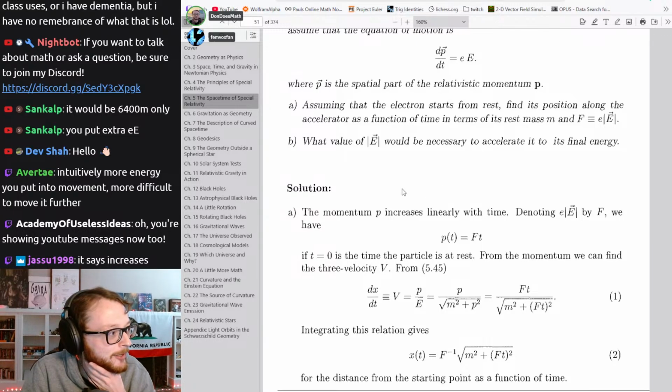I figured out a way that's easy enough for me. Oh, that's why they did the F thing, just to make it a bit cleaner with the constants.